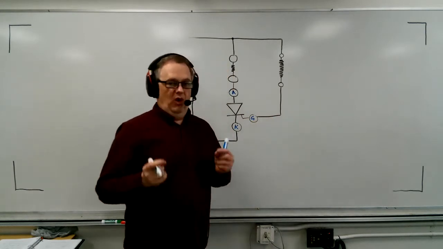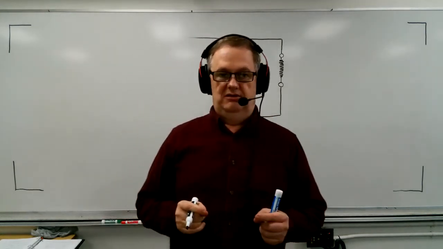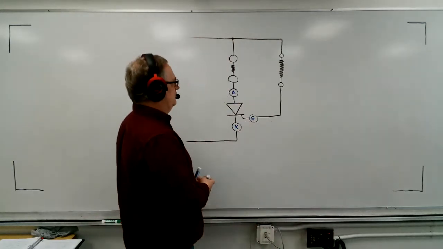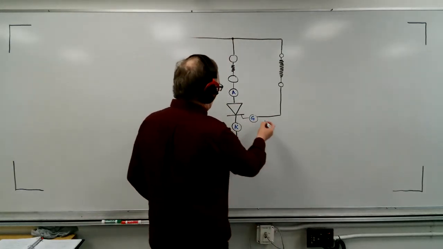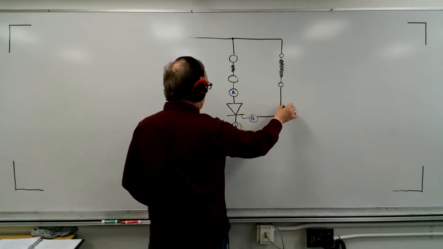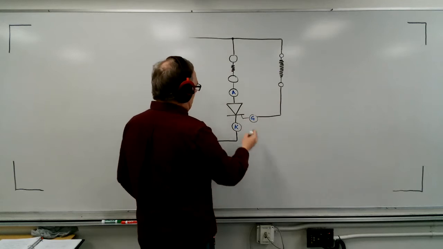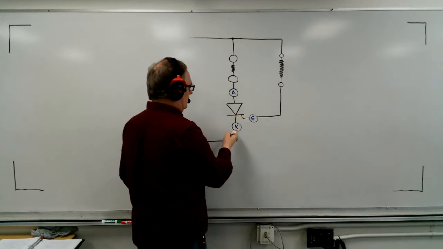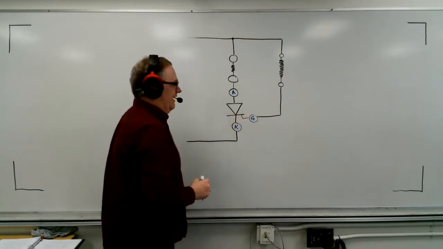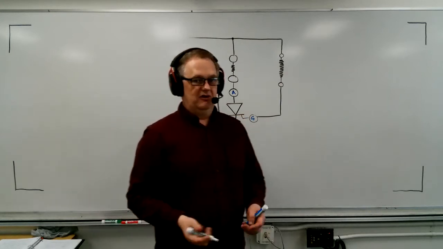Now, why did I not use a gate protection diode? Let's talk about this for a minute. What does that gate protection diode do that we put in the previous circuit? It prevents current from going the wrong way, backward through the gate, and that's what happens when you feed it with an AC circuit.